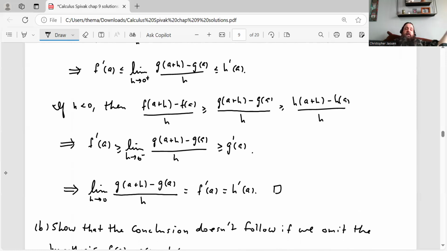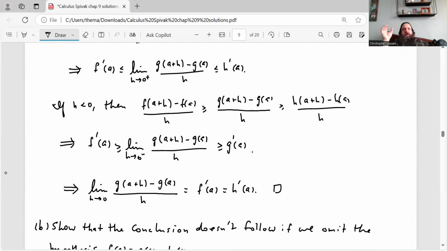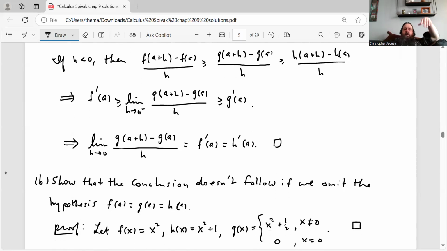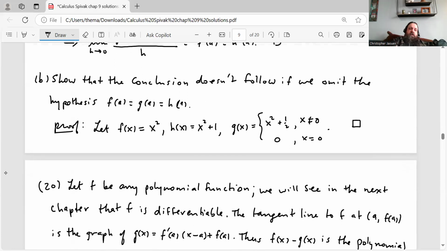If h is negative, the difference quotients still satisfy a similar inequality, but with the inequality symbols reversed. When you take the limit as h goes to zero from below, you get a similar relationship here, with f prime of a on top and g prime of a on the bottom. Since the two one-sided limits agree with each other, that means that the derivative of g evaluated at a is f prime of a and h prime of a.